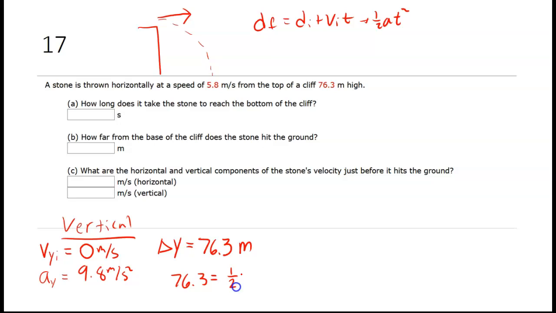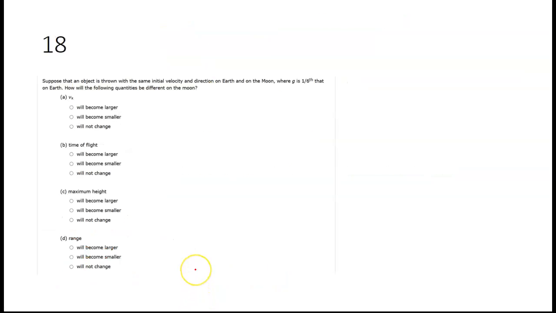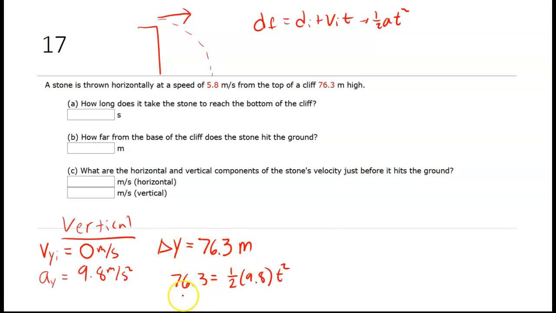All I'm going to be left with is 1/2 9.8 t squared. After you rearrange and solve there, you're going to get time is equal to about 3.94 seconds.